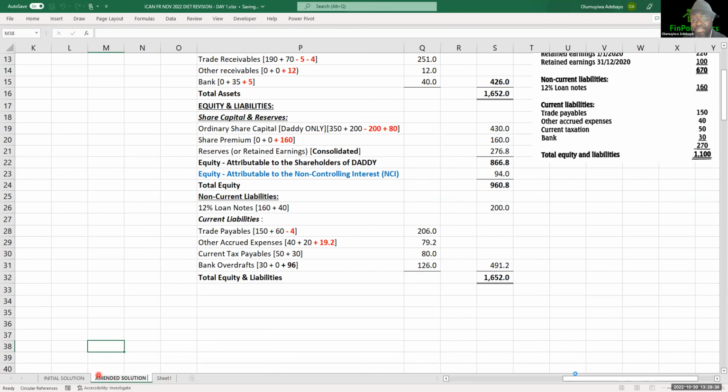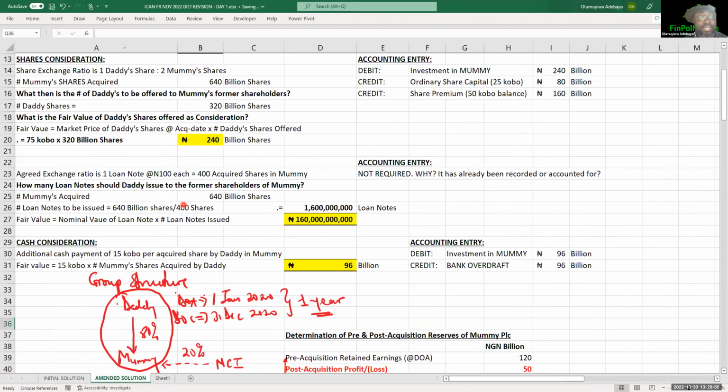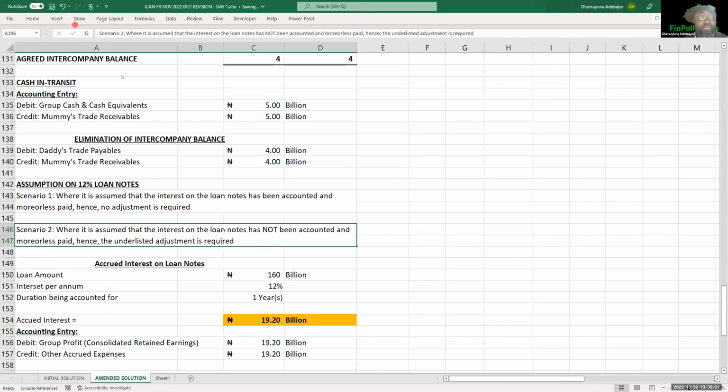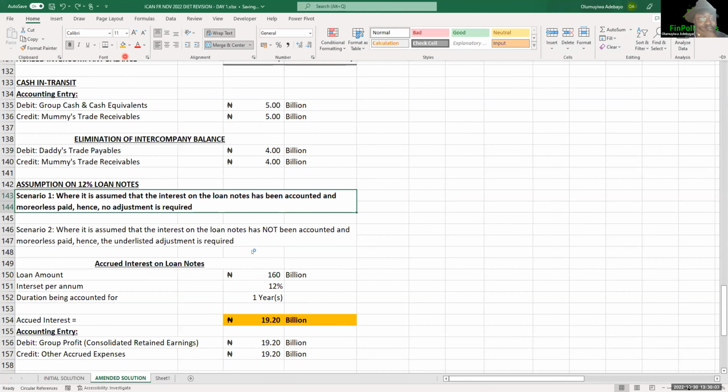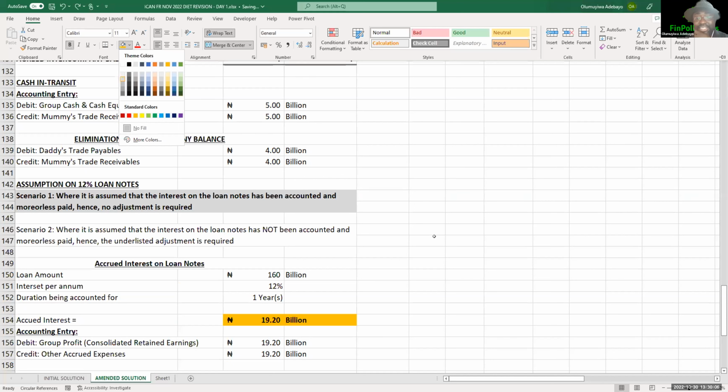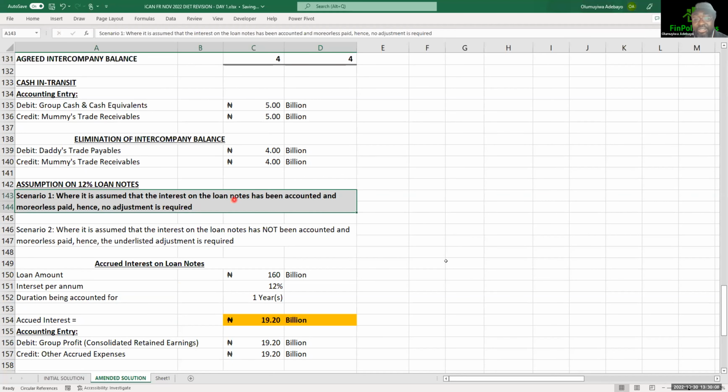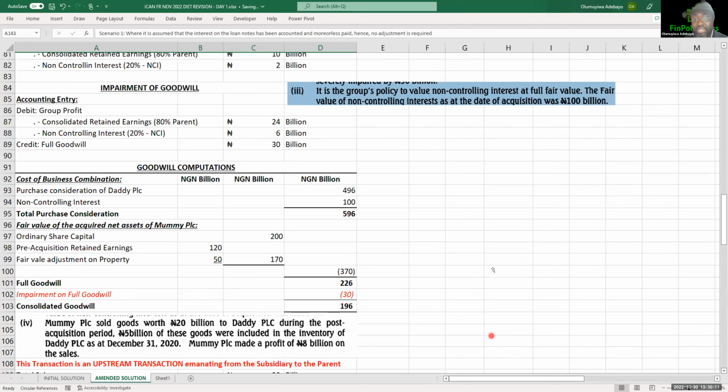Now, what assumption do I want to make? I'll start from the last assumption we made. And what was the assumption? It is that interest, this was the assumption we made earlier, but I want to go with this assumption now. The assumption here is that the interest has been accrued for, which means the interest might have been a component of this information here, might have been part of these other accrued expenses.